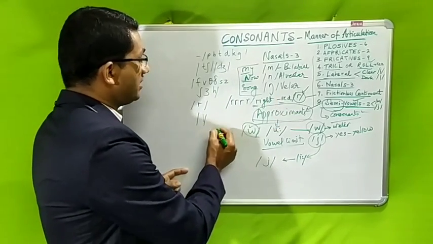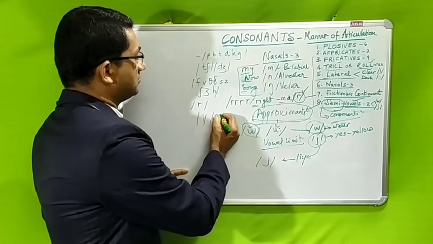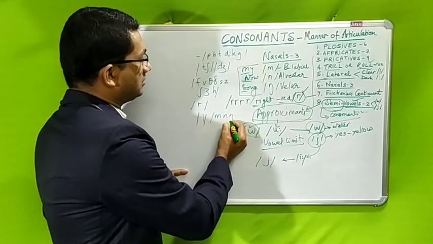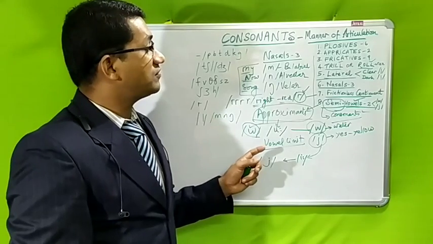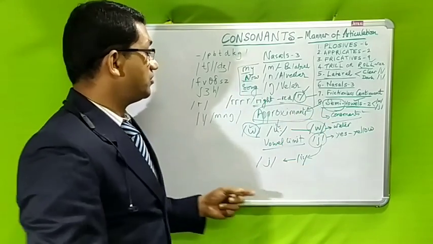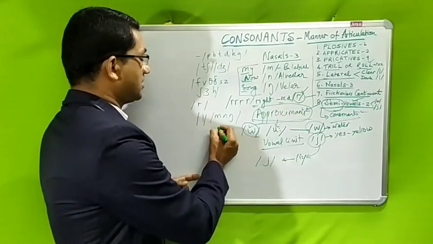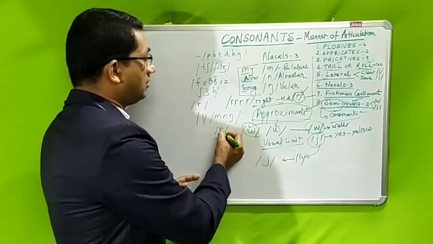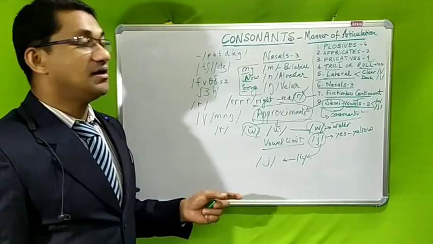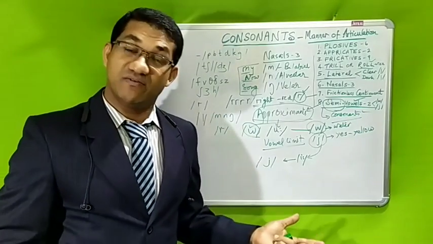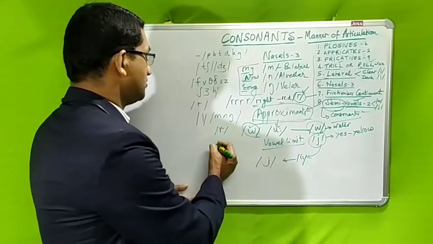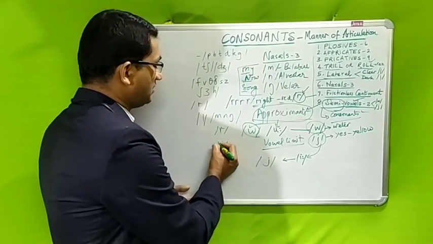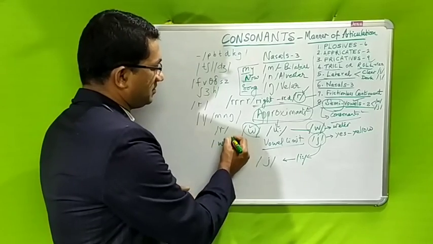There are 3 nasals, that is m, n, and ng. And now we studied the frictionless continuant, which is the sound r. And we studied the semivowels of English, and we have 2 semivowels, they are w and y.